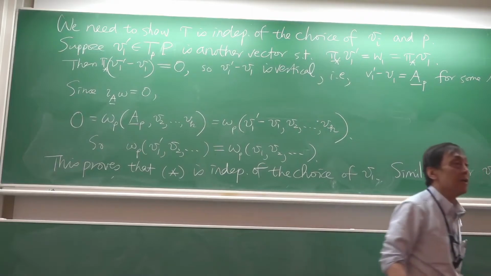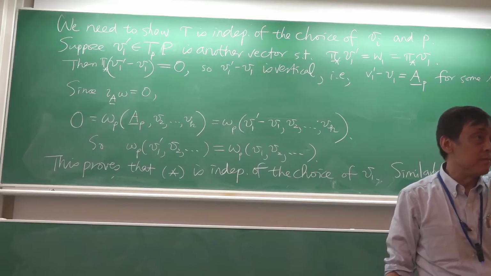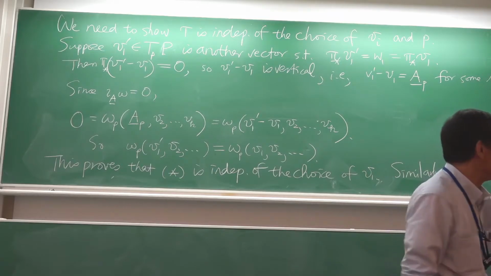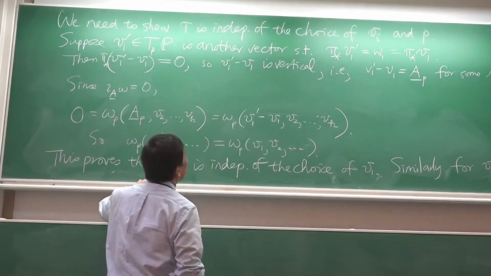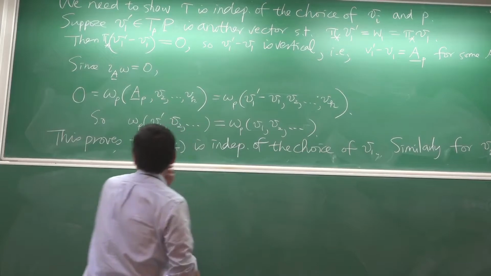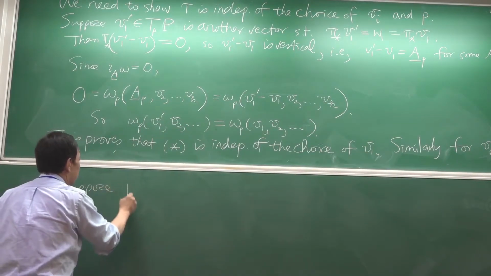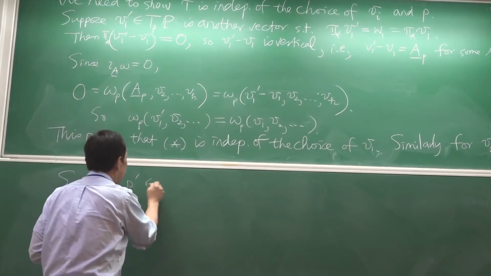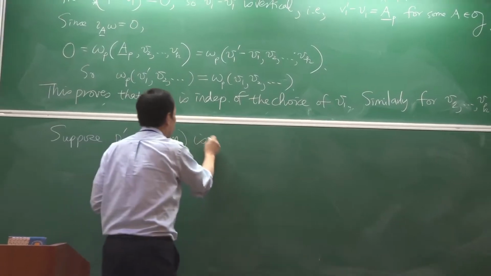So it doesn't depend on the choice of the arguments upstairs, as long as they project down to the W's. And then, now suppose you choose another point, P prime, in the fiber above M.